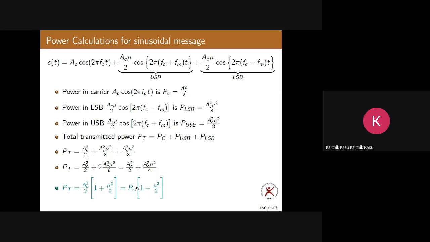This is the total transmitted power of your AM if your m(t) is Am cos 2 pi fm t. What is the power in the sidebands? Ac square mu square by 4, which is PC into mu square by 2. So please remember: power in the sidebands is PC mu square by 2, and power in the carrier is PC.